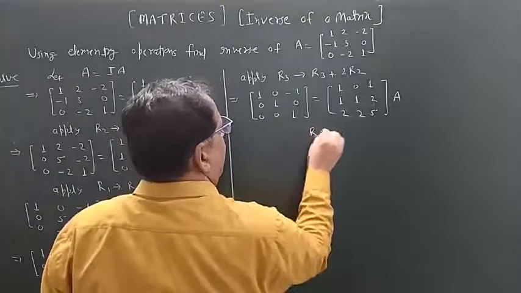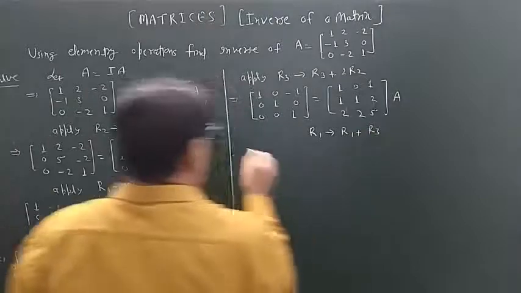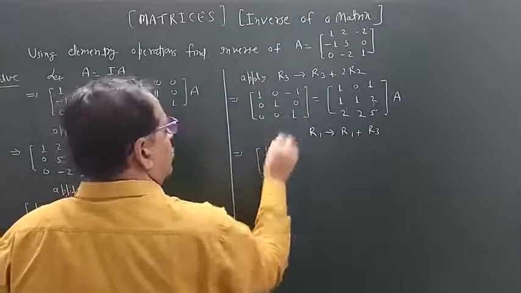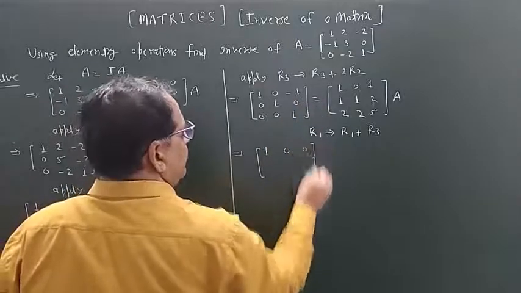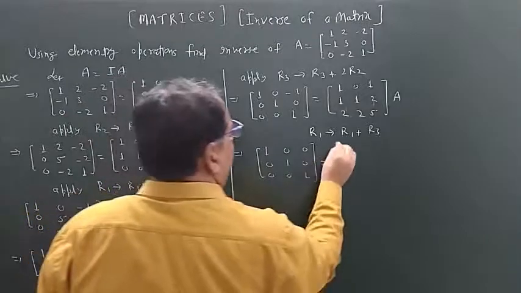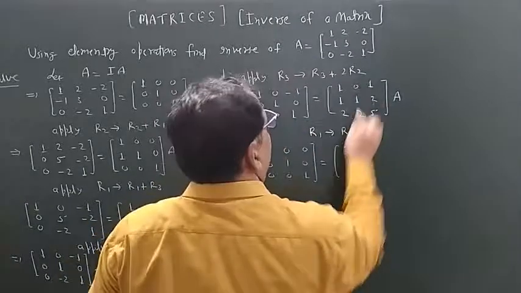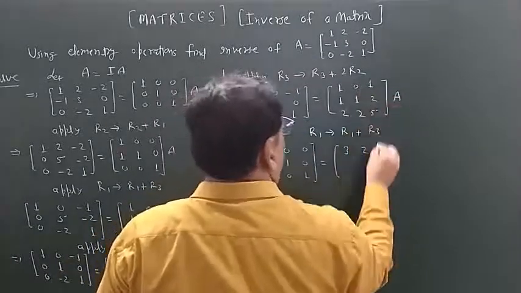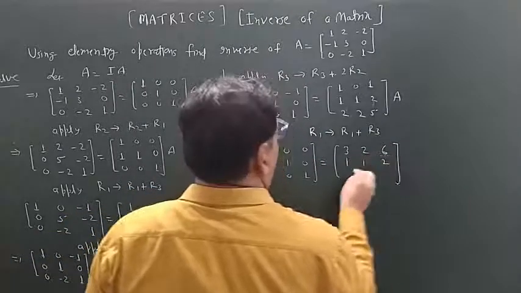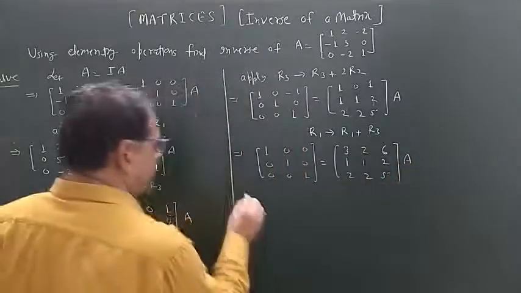So now R1 replaced by R1 plus R3. After applying this, we have now 1 0 1 0 0 0 minus 1 1 0. There is no change in second, no change in third in this step. Again here 2 1 3 0 2 2 1 5 6, and now there is no change in second row, no change in third row, in there is A. This become I now.